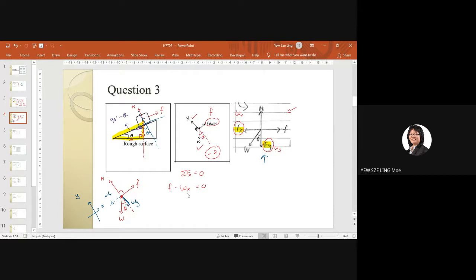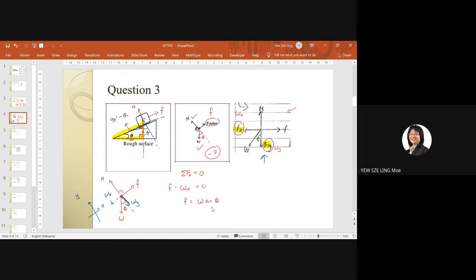Wx, obviously you have to resolve it, but if you look at the diagram now, the angle is beside the y component. Therefore, F minus W sine theta equals 0. Or to make it easier, let's write it as F equals W sine theta.